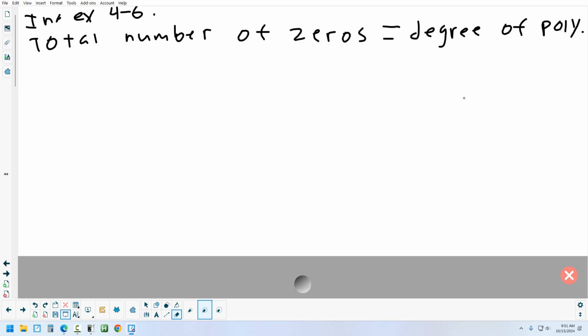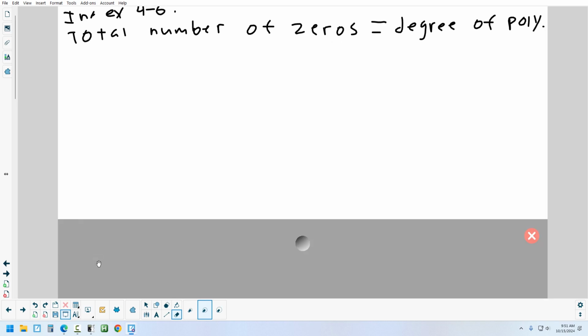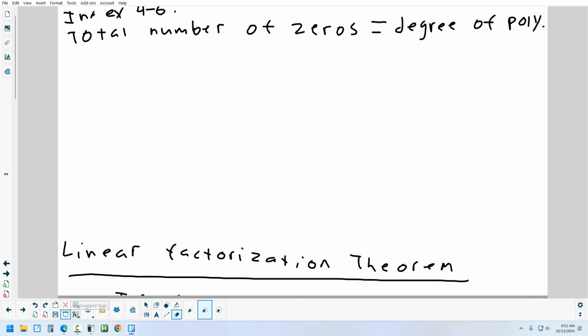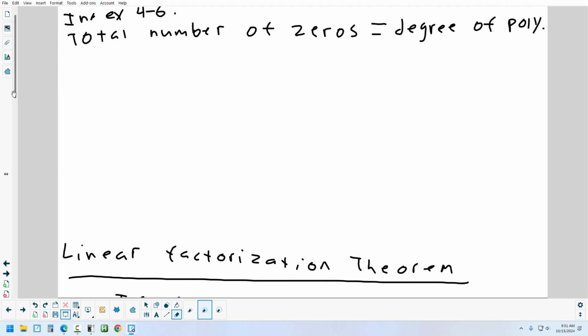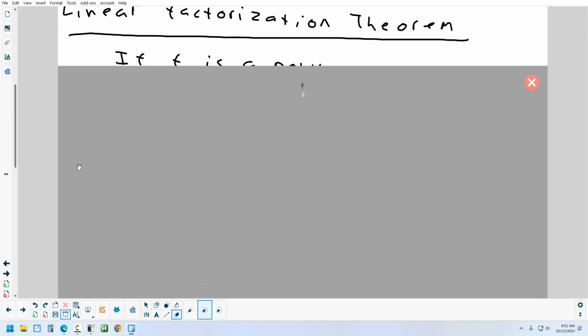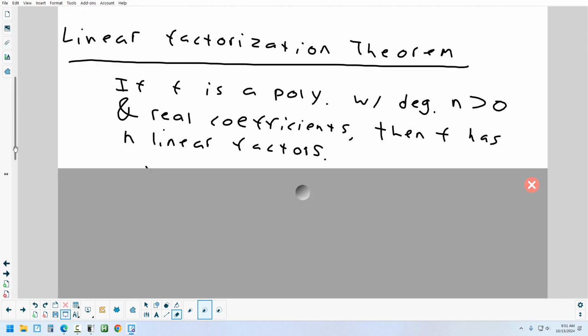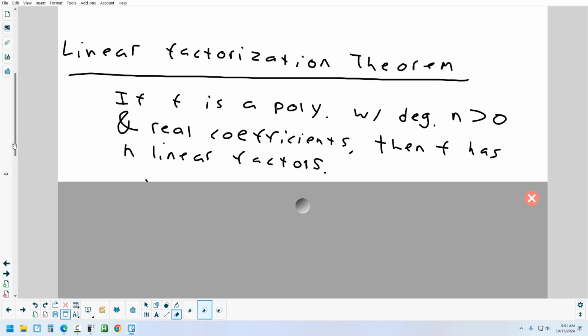And there's a theorem that talks about that, and that is the linear factorization theorem. What that theorem says is that if you have a polynomial and the degree is greater than 0, and it has real coefficients, then when you factor it, it will factor into as many factors as the degree.